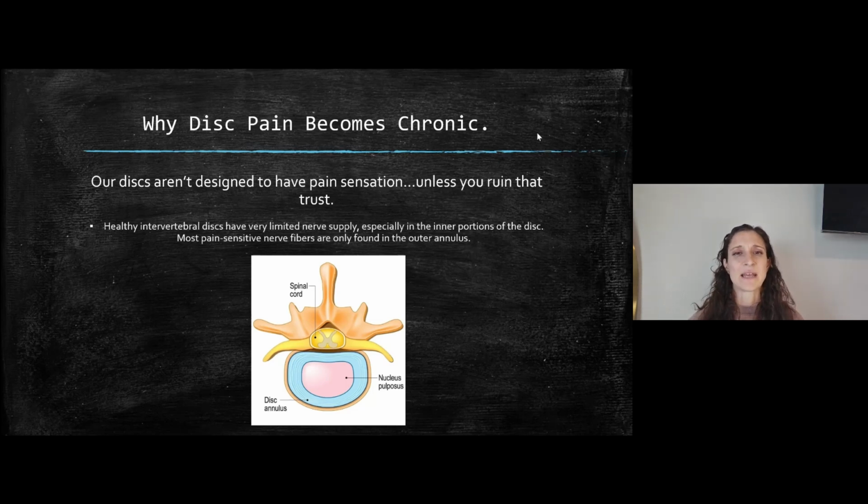What's really happening is you only actually have pain receptors, or nerve fibers, on the outer annulus, not something more deep. But with injury and with chronic inflammation, those cytokines increase and start to irritate the area and create new blood vessel growth, which allows for new nerve fibers to start to grow.